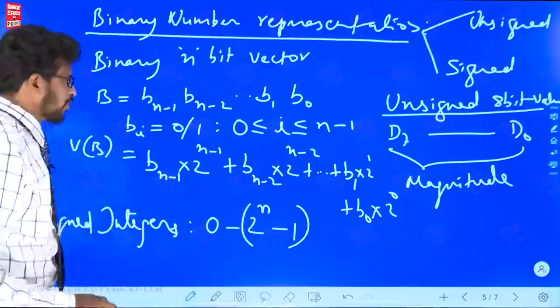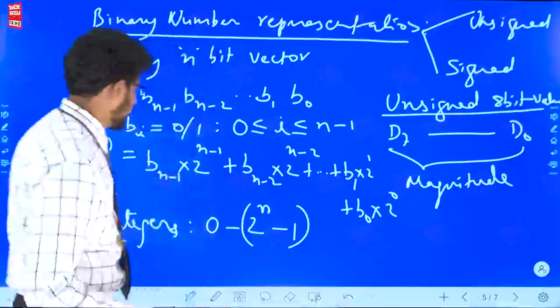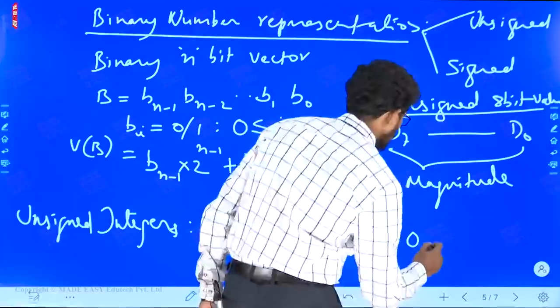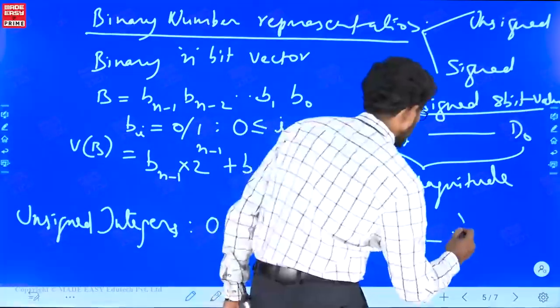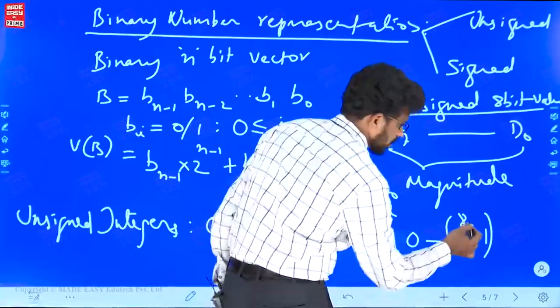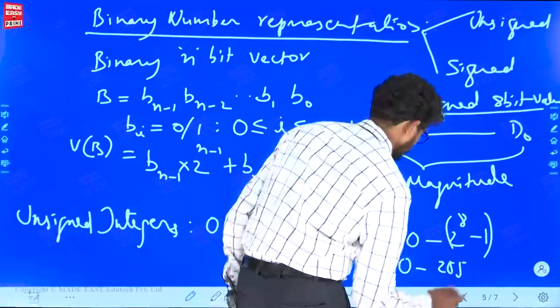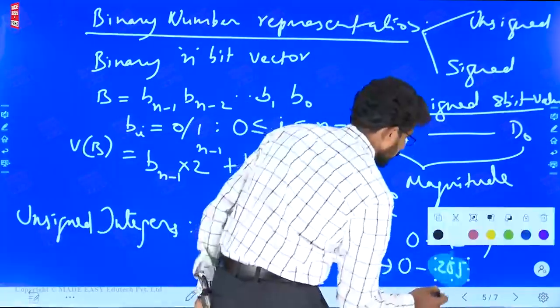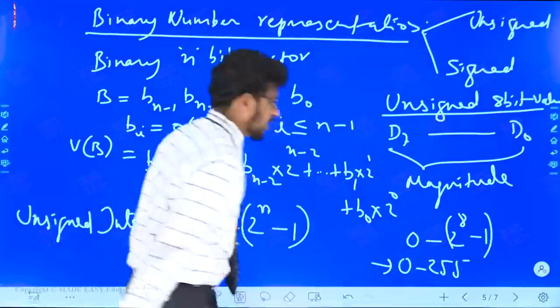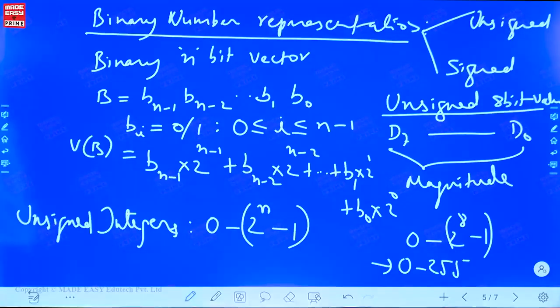So tell me, if you take this 8-bit data, what is the range that can be represented? 0 to 2^8 minus 1. So what is the value? Range is simply 0 to 256 minus 1, 255. So this is how we can write the value 0 to 255. That is unsigned representation of the binary data. Fine. No need to check any sign. You can simply represent the data.